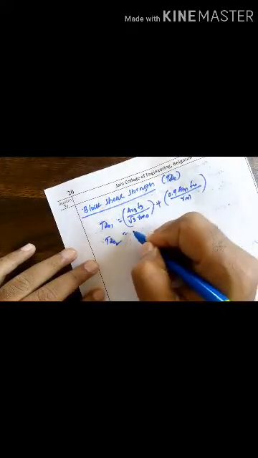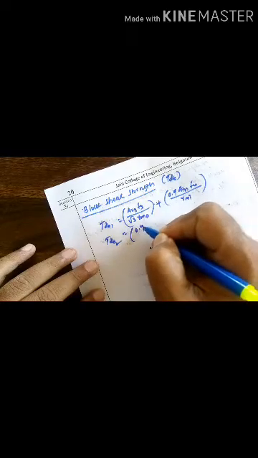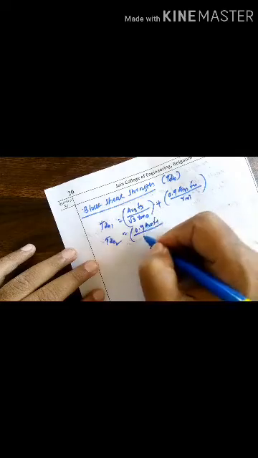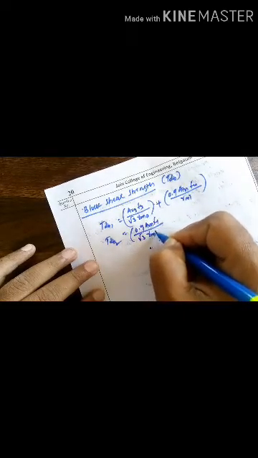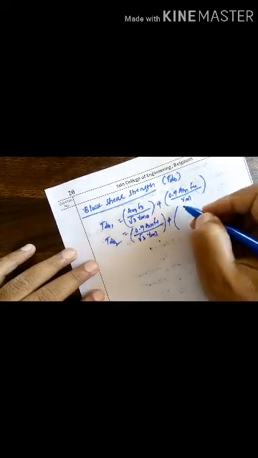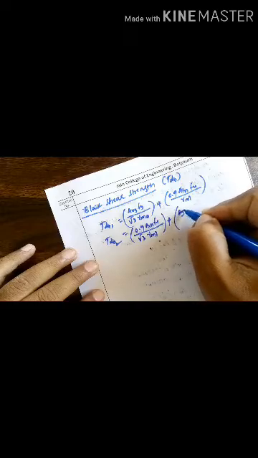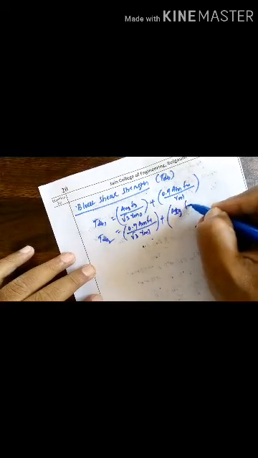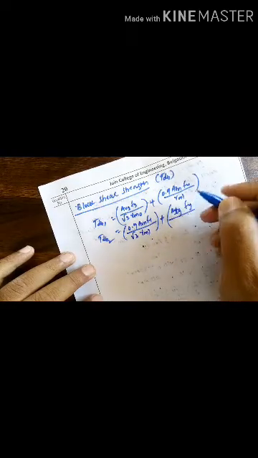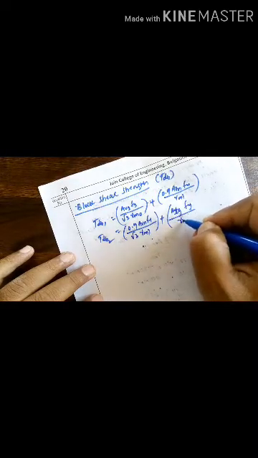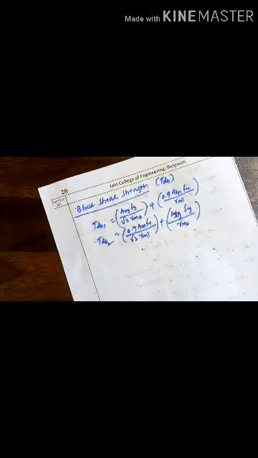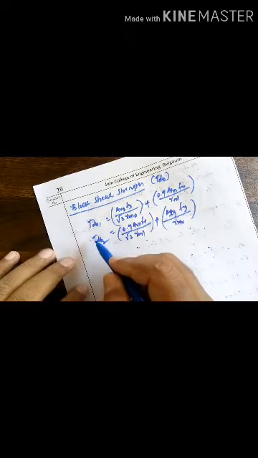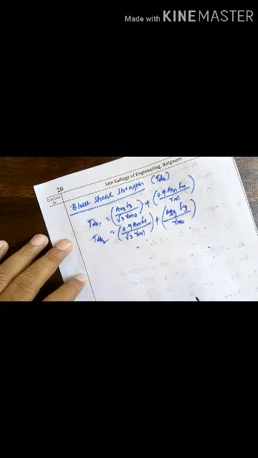Then TDB2: 0.9 AVN Fu divided by root 3 gamma m1 plus ATZ Fy divided by gamma mo. So these are the two formulas you have. Write these two formulas and calculate the block shear strength.